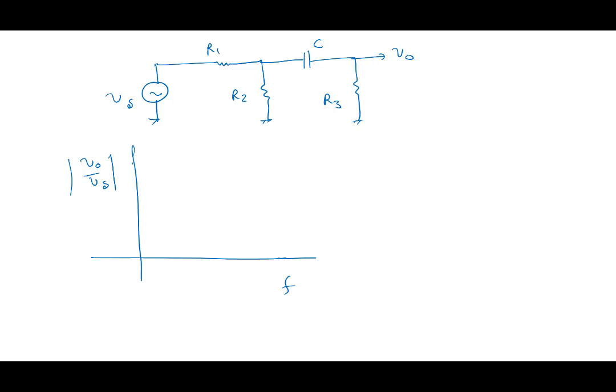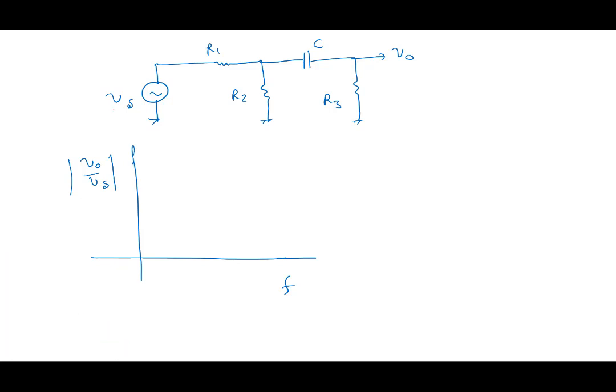Because the voltage Vs will be divided between R1 and R2. So we can simply take that node as R2 Vs by R1 plus R2. So that will be the voltage. Before you try to calculate the transfer function, just look at the propagation of the signal.